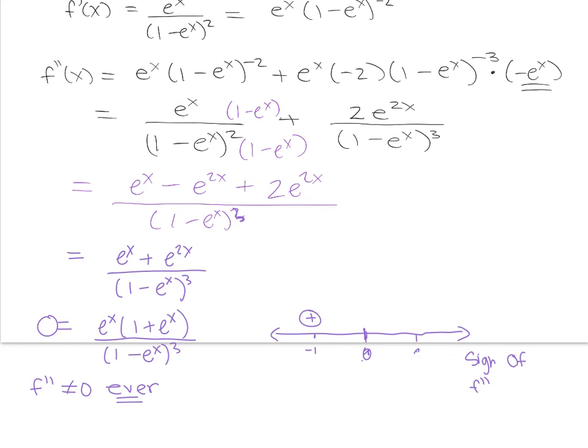Plug in something like 1, I think that might now be negative. Do you agree that when you plug in 1 you get a negative? Because the denominator becomes negative in that case. 1 minus e is negative, because e is about 2.7. So you're concave up from negative infinity to 0, concave down from 0 to infinity.